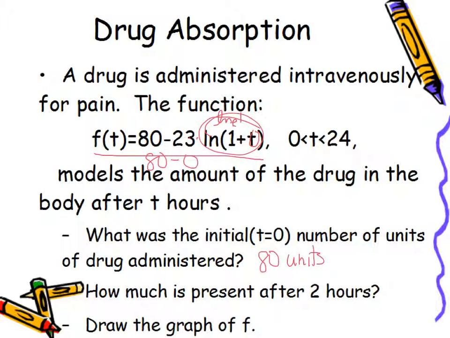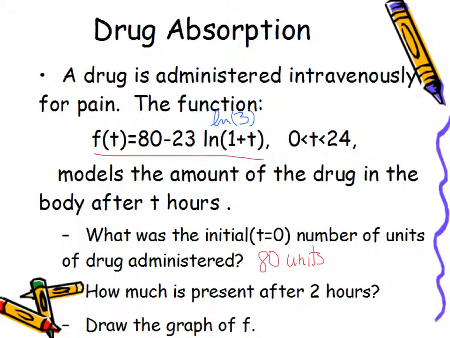How much is present after 2 hours? Well, that becomes a calculator problem. You're going to plug a 2 in for t in this equation, and that's going to end up being the natural log of 3.